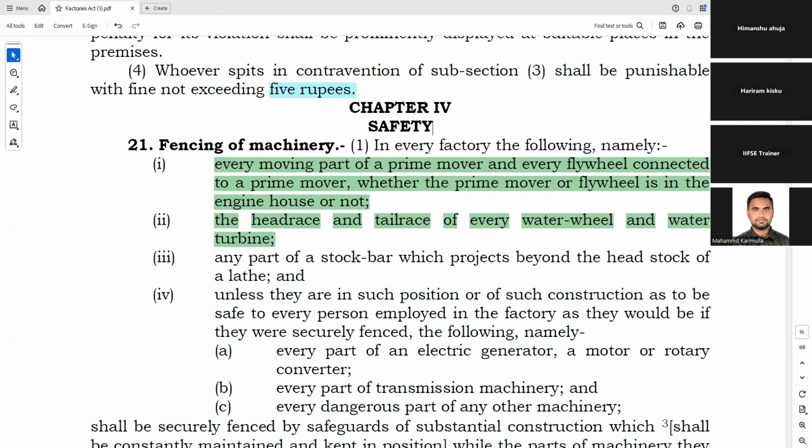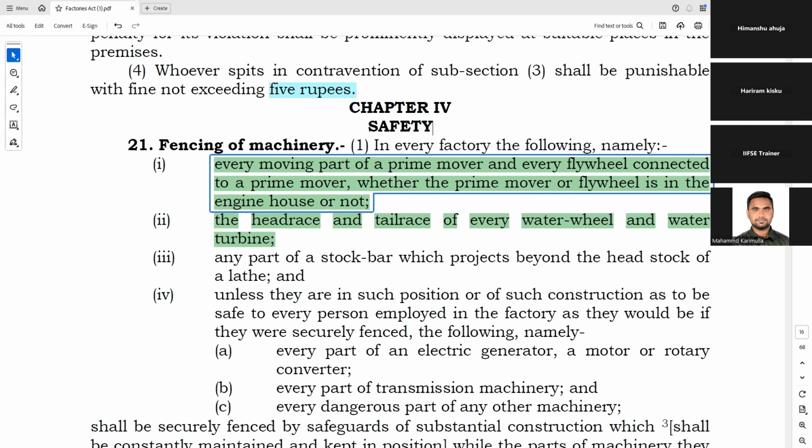In every factory, every moving part of a prime mover and every flywheel connected to a prime mover, whether the prime mover or flywheel is in the engine house or not, and also the headrace and tailrace of every water wheel and water turbine, and any part of a stock bar which projects beyond the headstock of a lathe, unless they are in such a position or of such construction as to be safe to every person employed in the factory, as they would be if they were securely fenced.